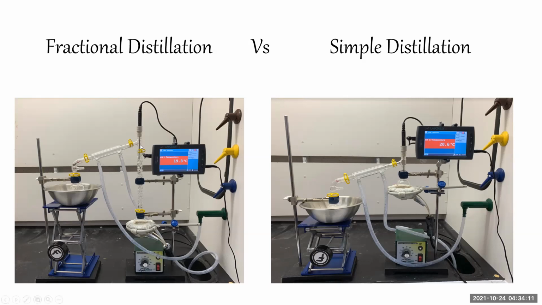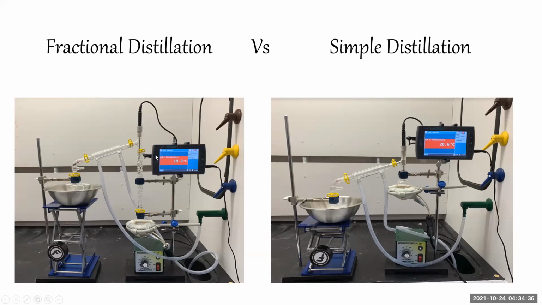So it's really important that you're sure that all of these ground glass joints are connected properly, because if there's a leak, meaning there's a disconnect and you don't know that it's there because it's covered by foil, then you could be essentially heating your mixture and then just losing it to the atmosphere, which is not what we want to happen.